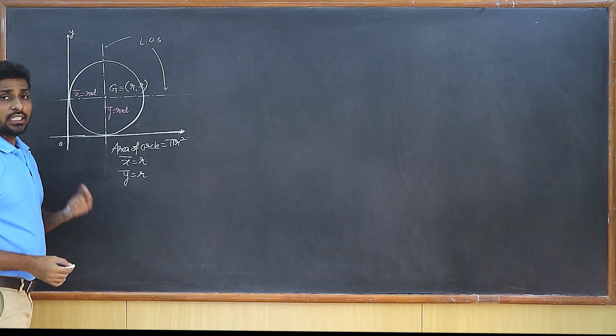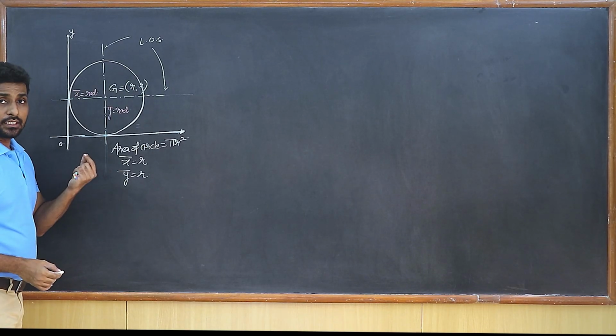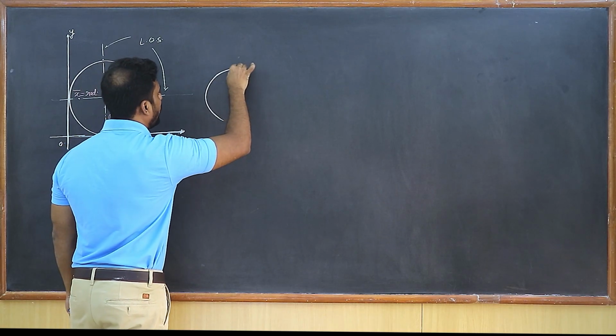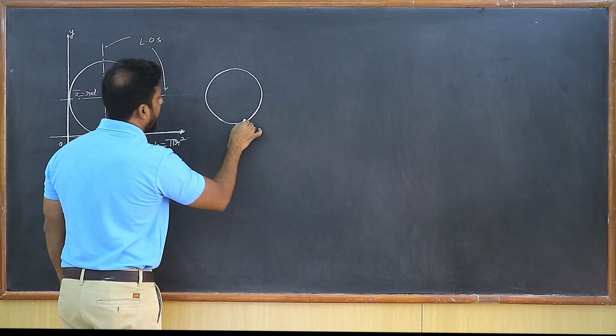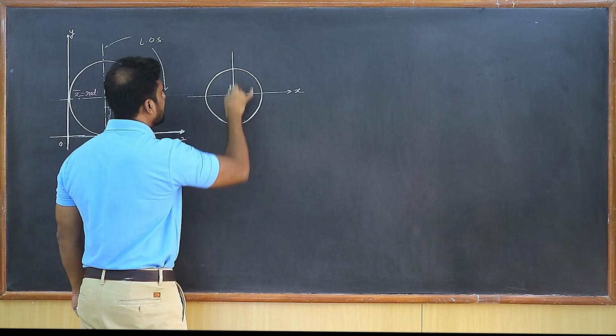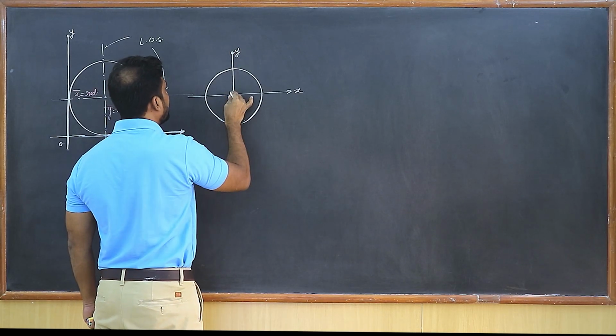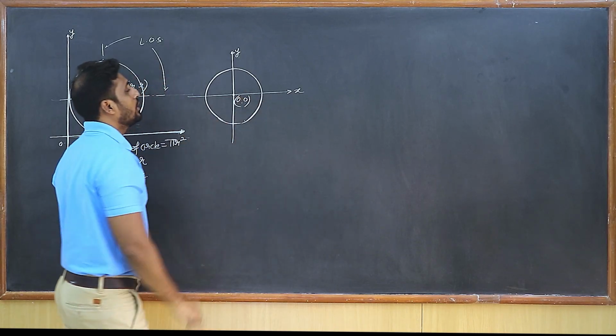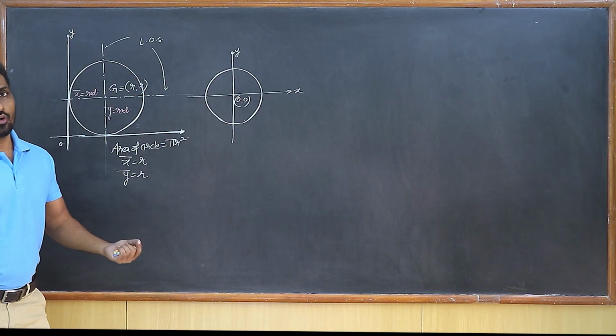Now students, if I shift the x and the y axis along the line of symmetry, so if I draw the circle one more time over here and I shift the x axis and the y axis along the line of symmetry, then what will happen? The coordinates of the centroid will become 0, 0.